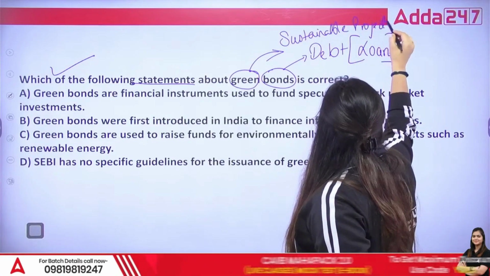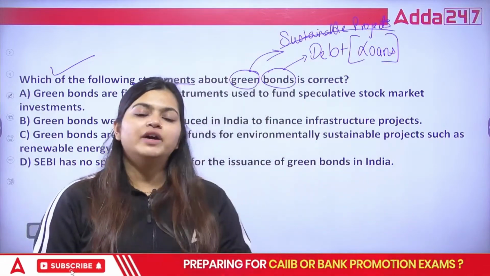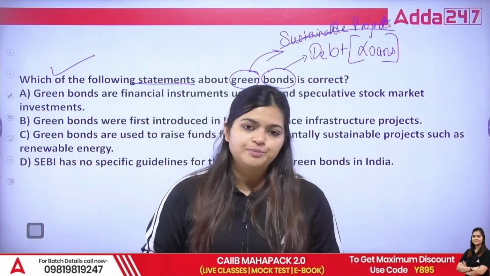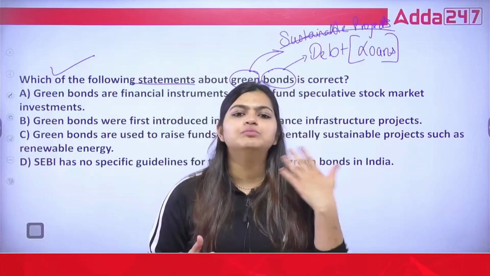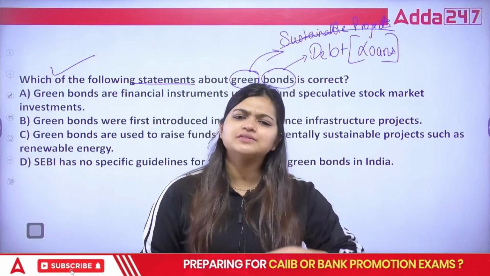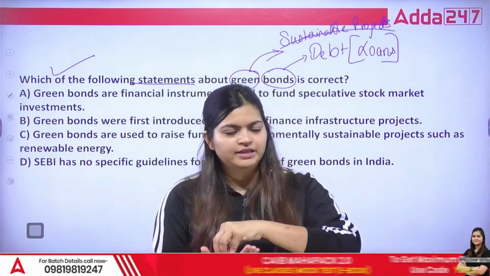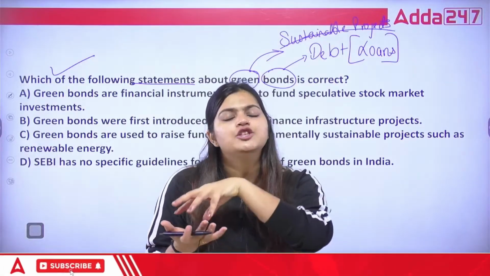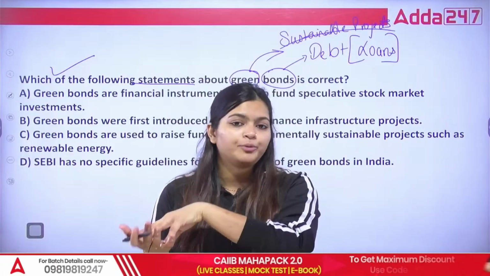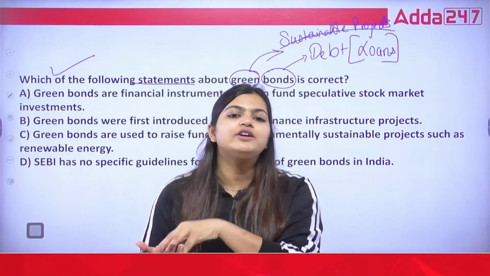If companies are working towards sustainability, working on how they can save the environment and how they can produce environment-friendly goods, then if they want more funds, they can issue green bonds. This is a totally new concept. If companies are implementing any environment-friendly or sustainable project and want funds for it, they can issue green bonds.